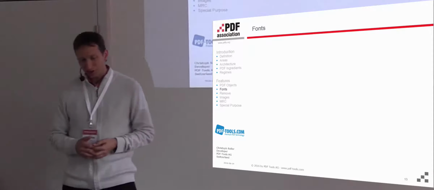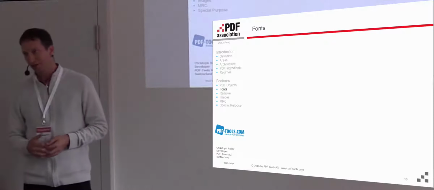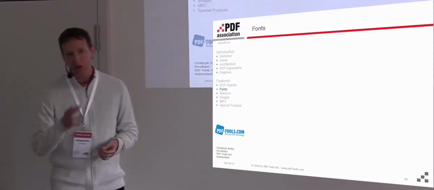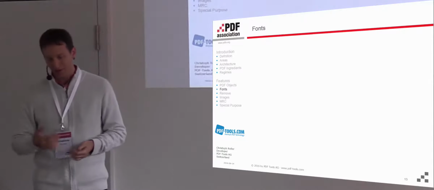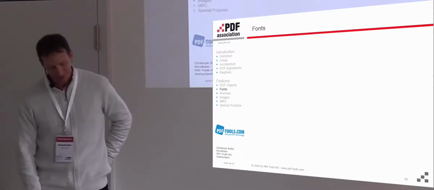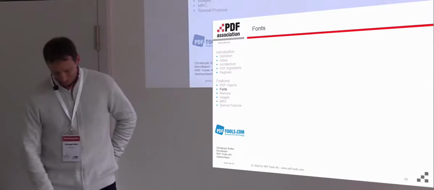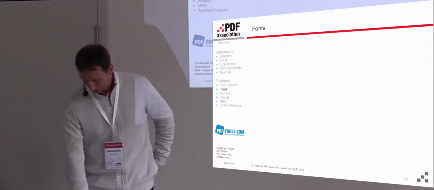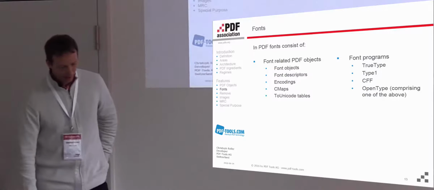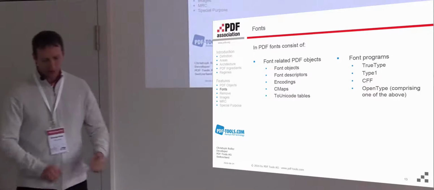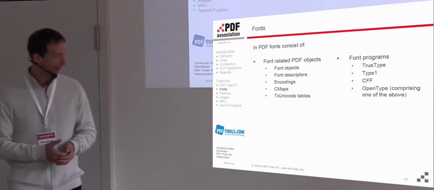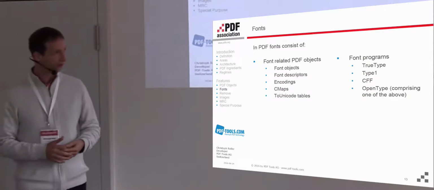Fonts. This is a terribly complicated subject in PDF. I think everybody who has looked at the PDF reference or the ISO 32000 spec knows that PDF fonts are terribly complicated. Fonts consist not only of, let's say, one object, they consist of many things.